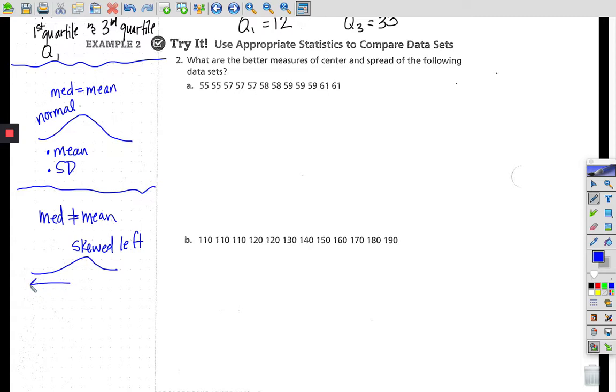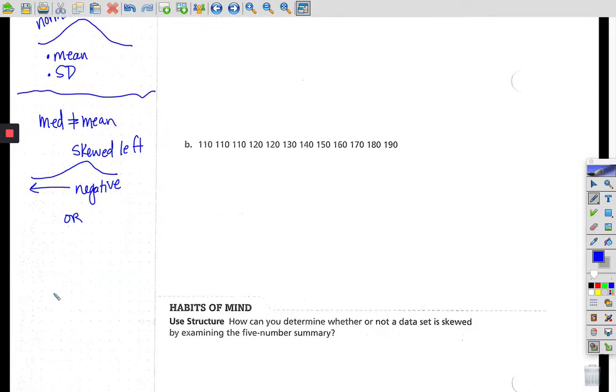You have more values on the negative side. Or it could be skewed right, so that would look like this. Or we'd have fewer values on the positive side.